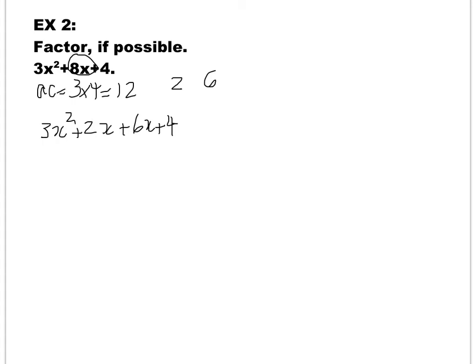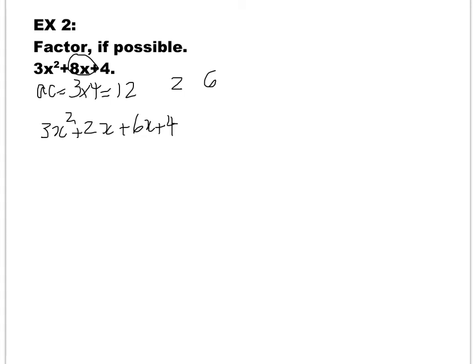If you have noticed, the order in which I break the middle term does not matter. I can write it as 3x squared plus 6x plus 2x plus 4, or 3x squared plus 2x plus 6x plus 4. Still, it's going to factor out by grouping. You can try it yourself.